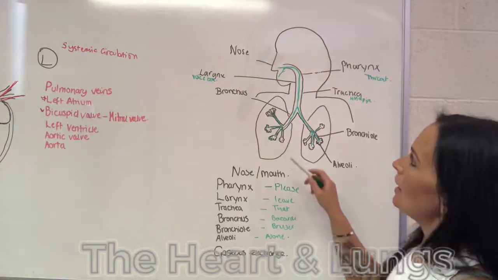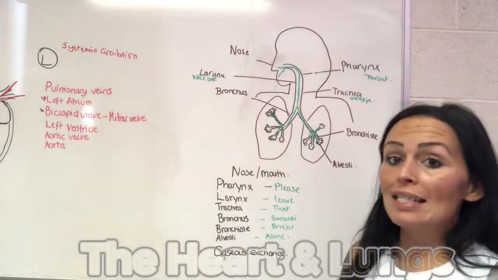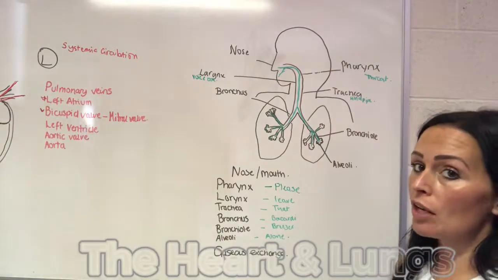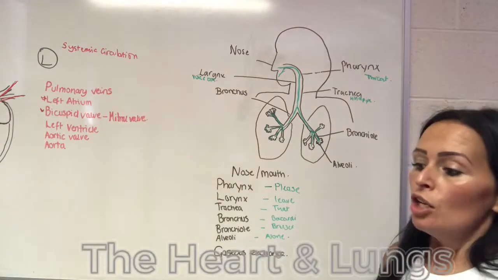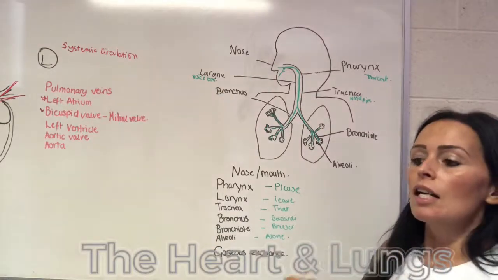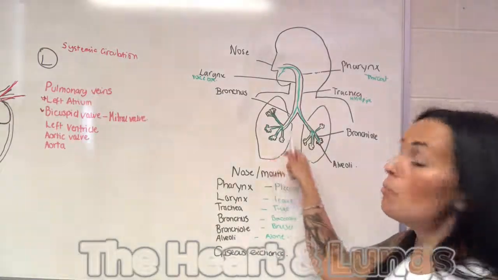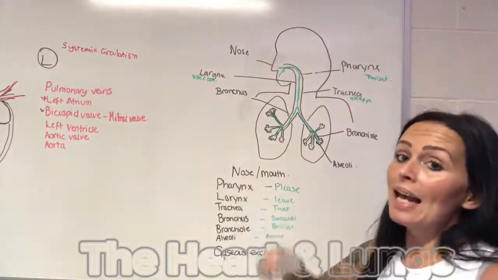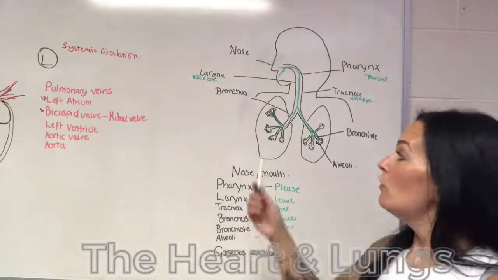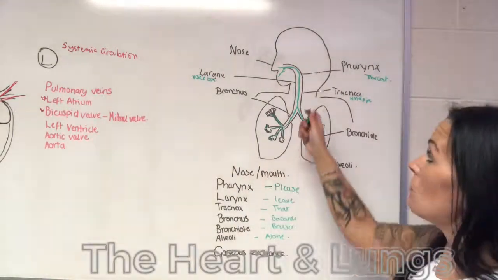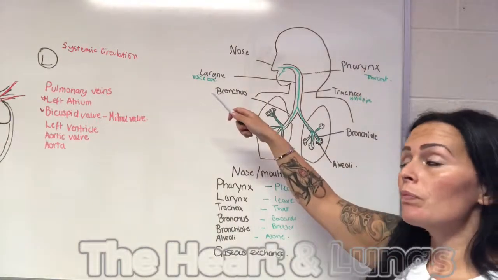So this is basically where the oxygen is deposited into the blood via the capillaries. Okay, so your oxygen that you breathe in is nourishing the blood at this point, and it is also taking out the carbon dioxide for you to then go backwards through this pathway and exhale.